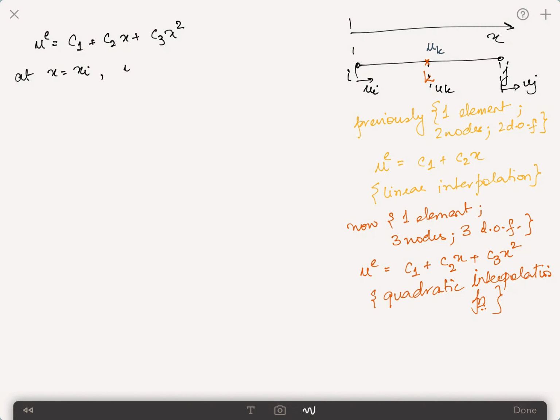So at x is equal to xi, u is equal to ui. At x is equal to xj, u is equal to uj. And at x is equal to xk, u is equal to uk. We know this already.